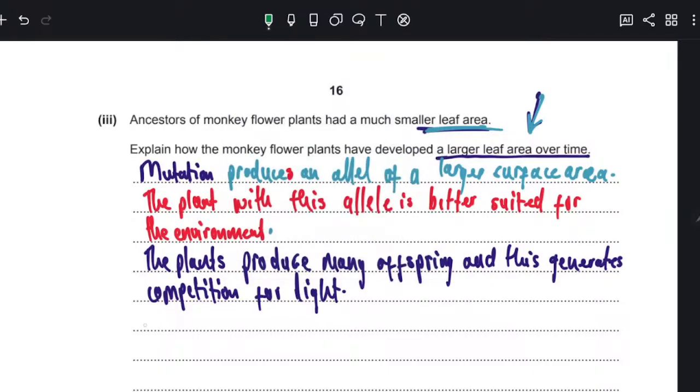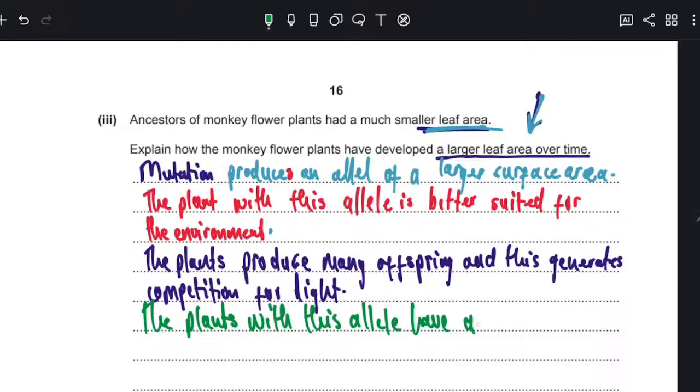Now you can say the plants with this aloe have a survival advantage. Write it in your own way. You still get the marks, but say these important statements.